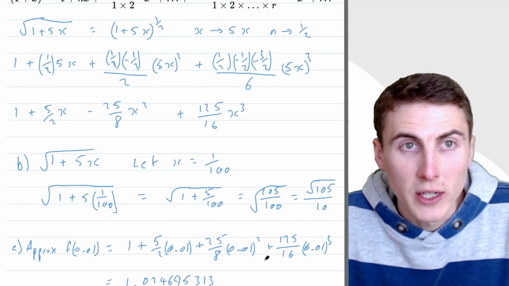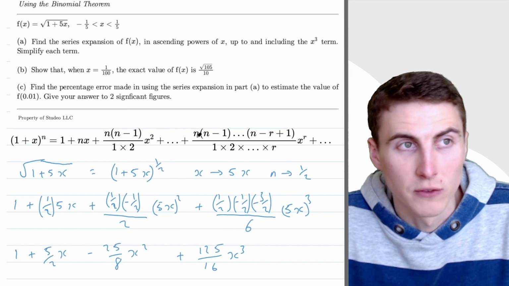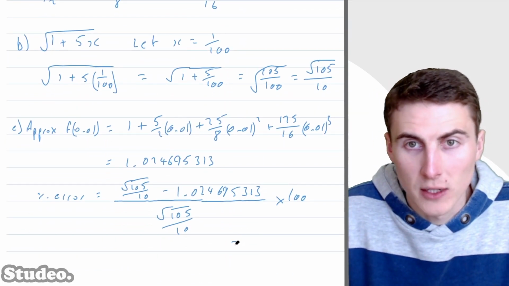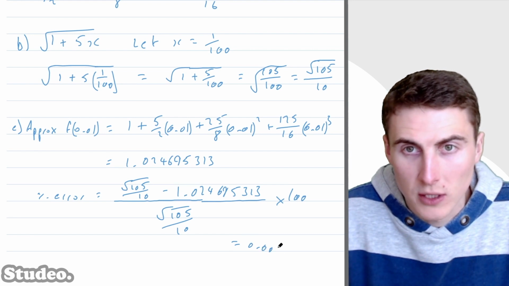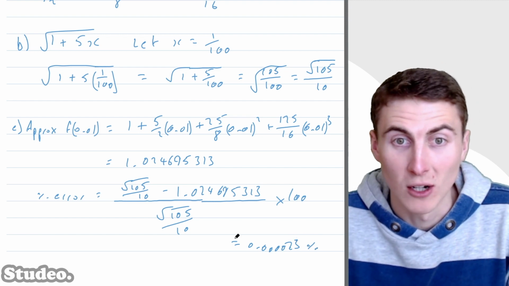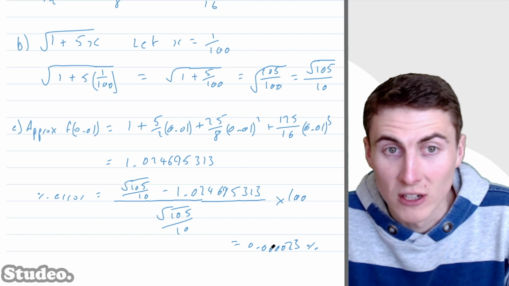And we need the answer to two significant figures. So if we plug all that in, then we should end up with 0.00023%. So it's pretty accurate, it's pretty close. So our percentage error is really, really tiny.